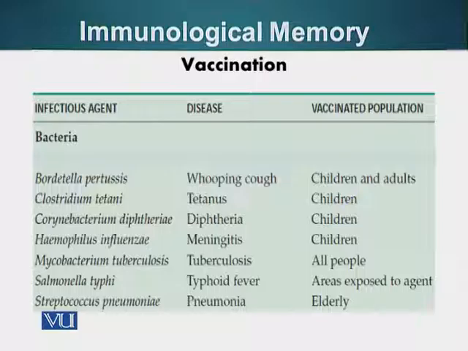There are two types of vaccinations. In this case, we are giving antigens to patients. In some cases, if a person has not been vaccinated against a particular pathogen and there's an acute infection, that patient, rather than receiving a vaccination, receives antibodies against that pathogen.